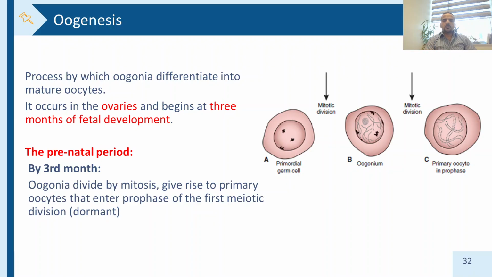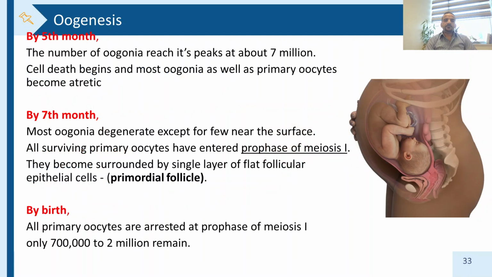It will enter the first meiotic division, but what happens here is an arrest at the prophase stage of the first meiotic division. It will remain in this state until the female reaches the age of puberty. So oogenesis begins at the age of 3 months of fetal development.